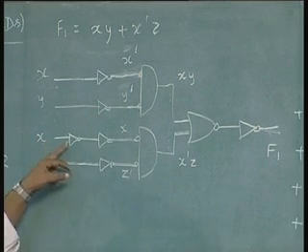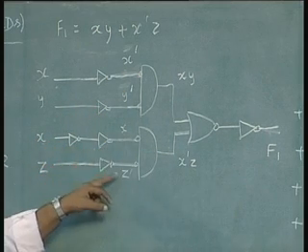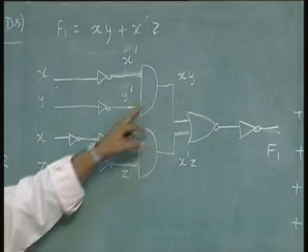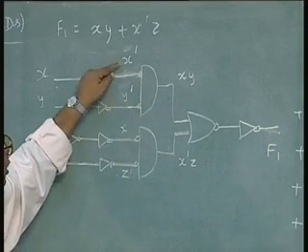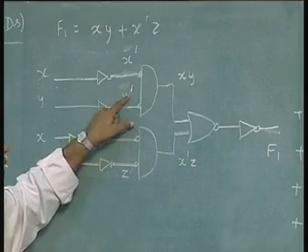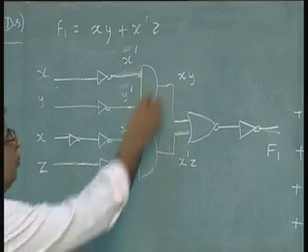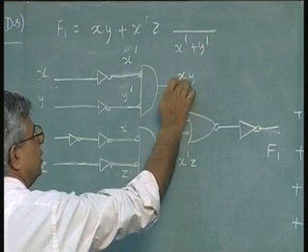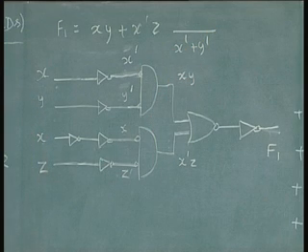This is X with 2 inverters, so X, Z with 2 inverters, Z, and Z with an inverter, Z bar. So the output here is (X bar or Y bar) whole bar, same as XY. You know that from De Morgan's theorem, again from the first course on digital design.